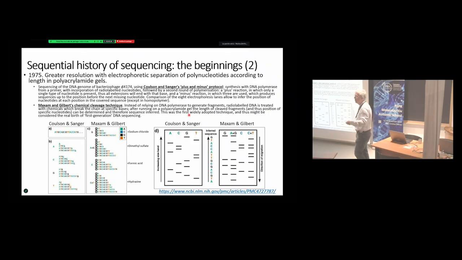During the second round of polymerization, they added only part of the mixture, so not A, C, G, T together, but only the A, or only the C, or only the G, or only the T. With that, they were able to compare the stops of the synthesis, which generated different bands at different stop positions, corresponding to the position where the nucleotide was missing.